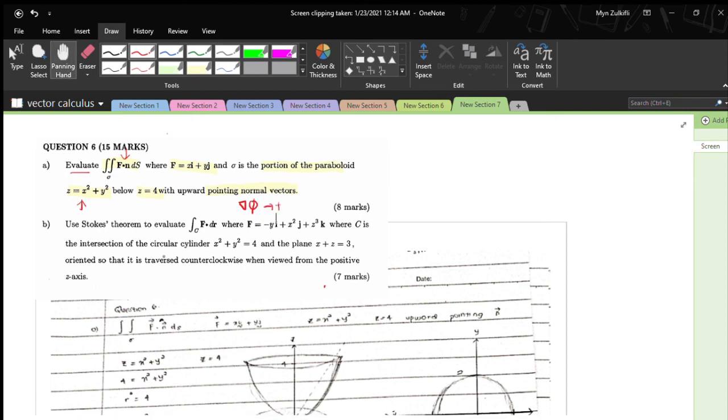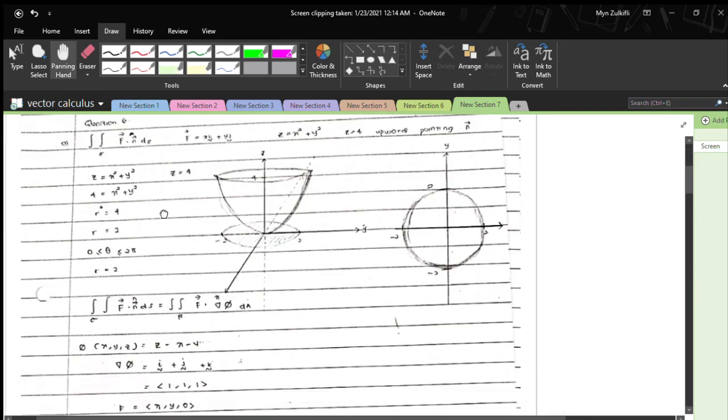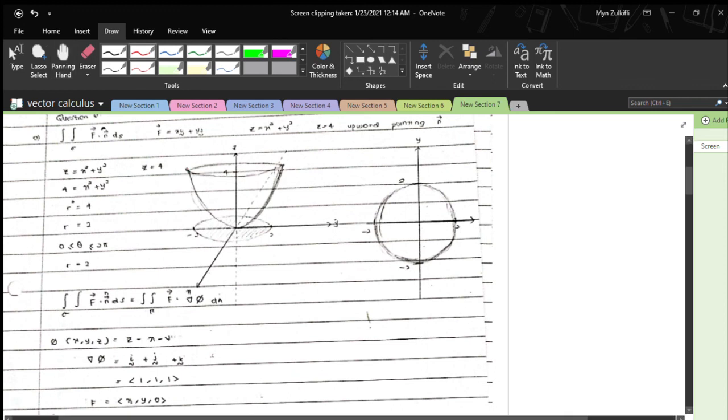Okay, so first we need to sketch the graph, and we will get this one because z equals 4. So the paraboloid will be just like this, and when it is projected on the xy plane, we get this one. If you can see, the projected region is a circle.